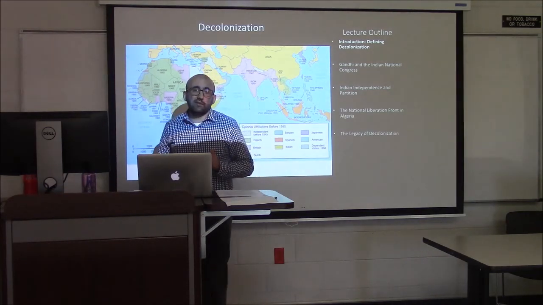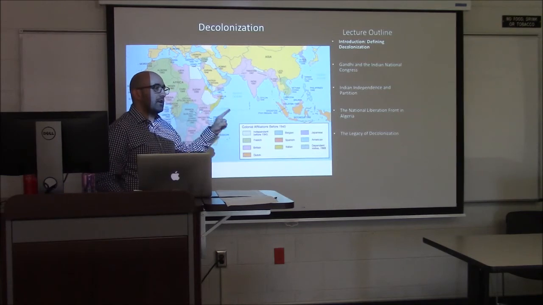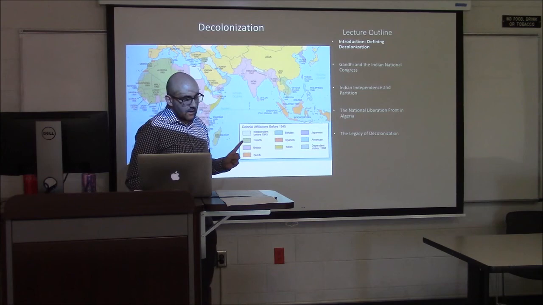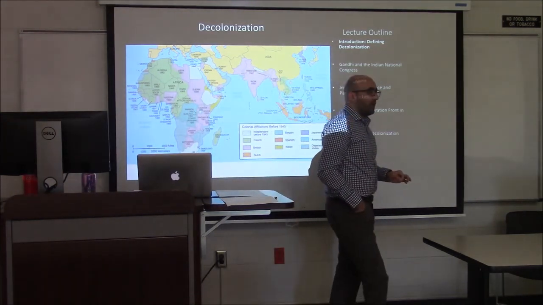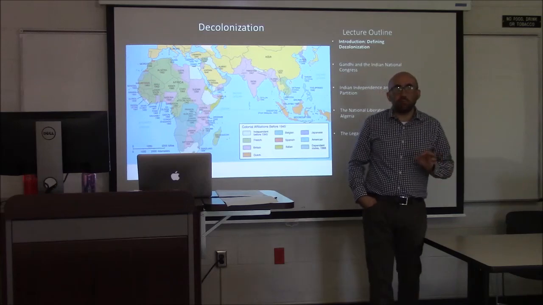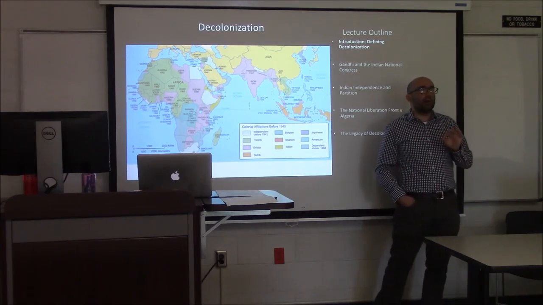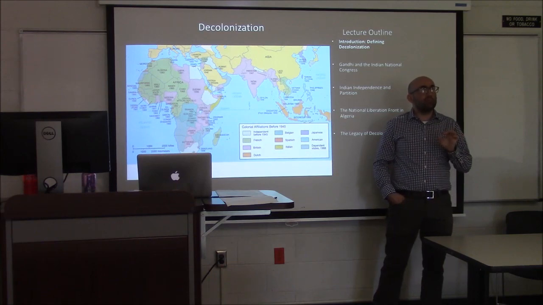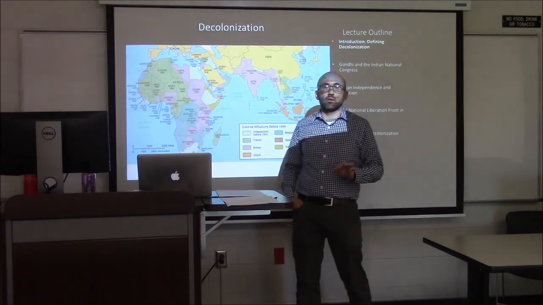Third, the example of Japan. That Japan's industrialization and its ability to become an imperial power in its own right demonstrated the fallibility of European power and the ultimate failure of the racist ideology that undergirded it.